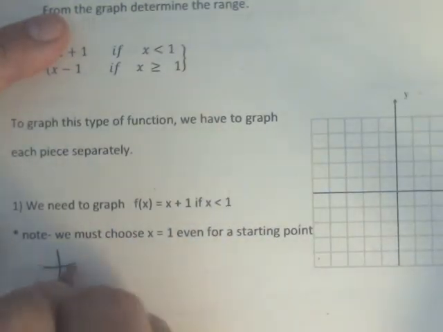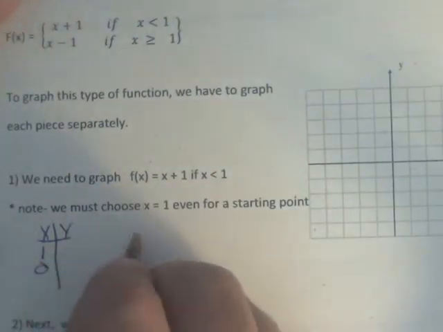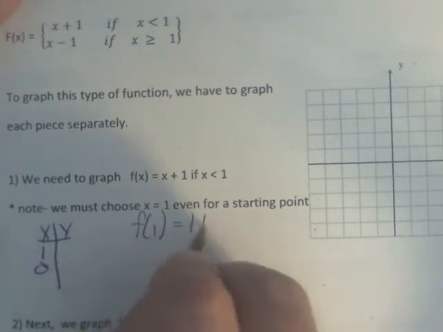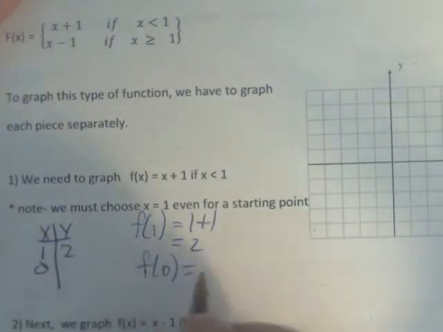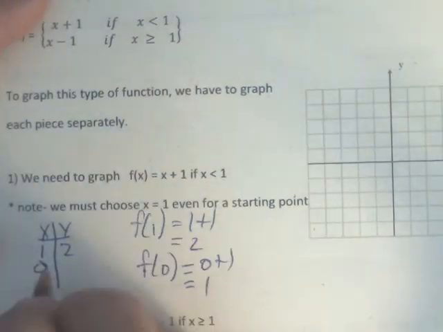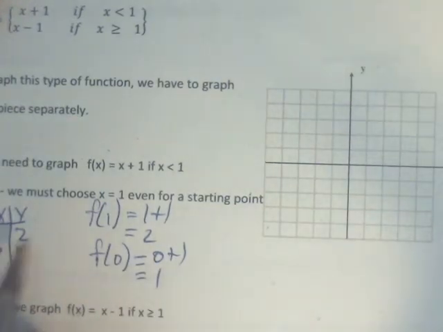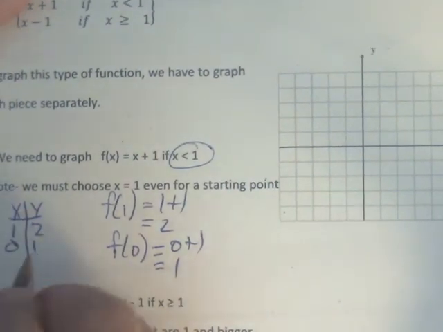So in my xy table, I'm going to choose 1 and then a number smaller than 1, which is 0. So I find f of 1, which is 2. I find f of 0, which is 1. Now, this point right here, since we are not including 1, is going to be hollow.